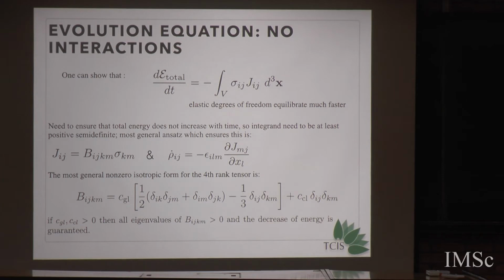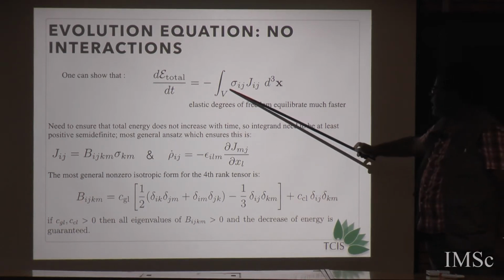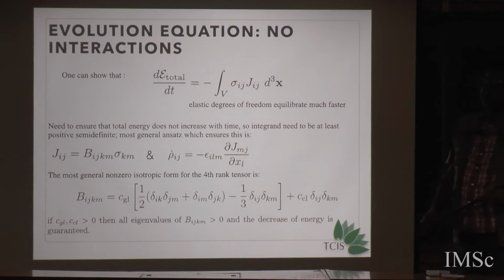We will do the interacting case later on, but we have to do this. The way these equations are derived is to demand that the total energy always decreases. So you see that these theories are temperature equal to 0 theories. The total elastic energy always decreases as a function of the dynamics.